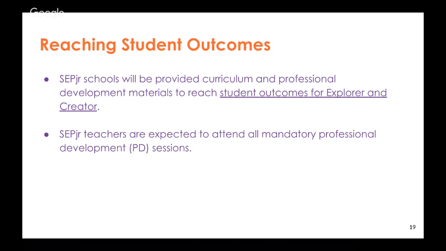And there might be elements of Citizen in each of the lessons. But really we just want to make sure that by the end of fifth grade, students are leaving and have met the student outcomes for those particular perspectives.